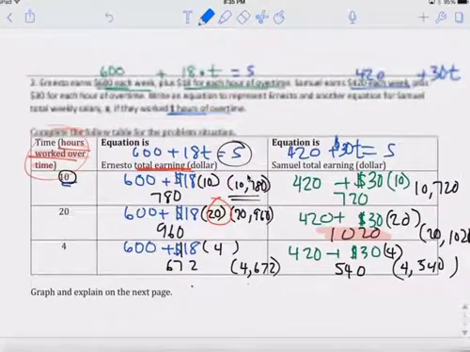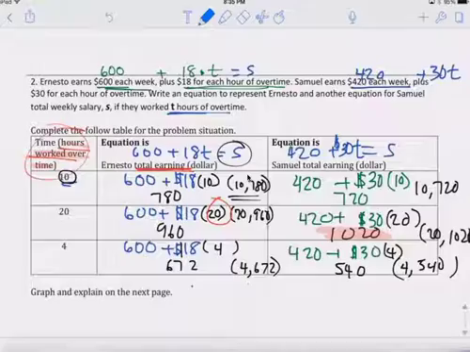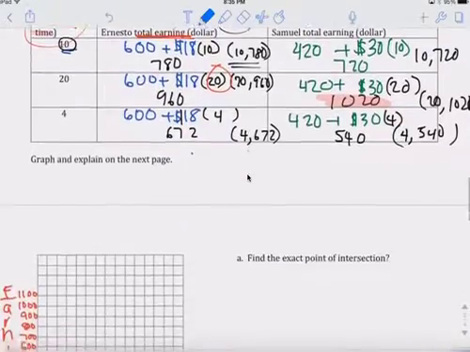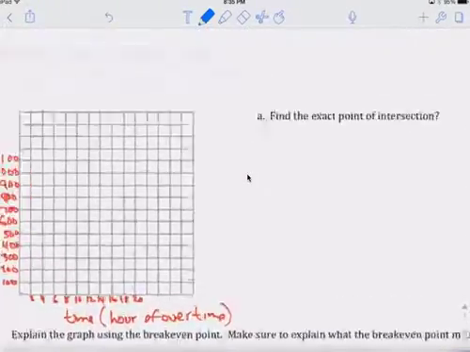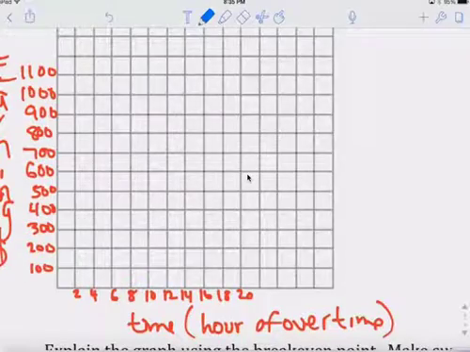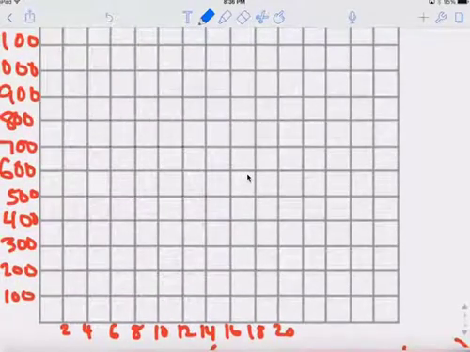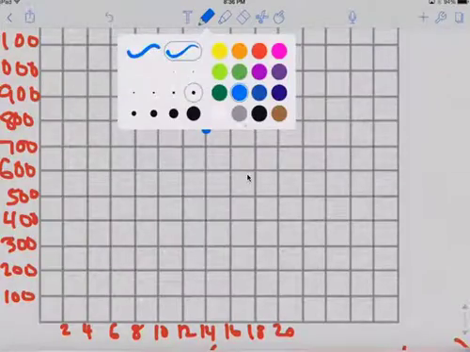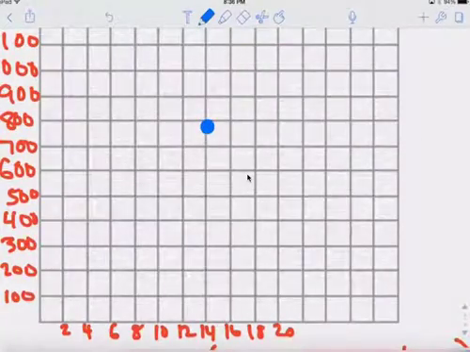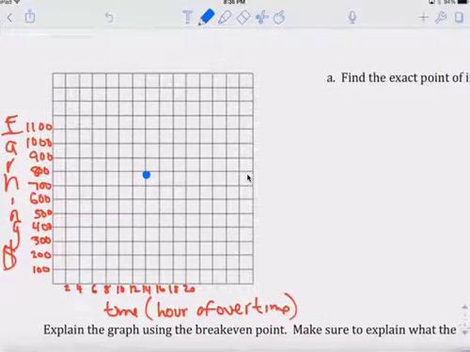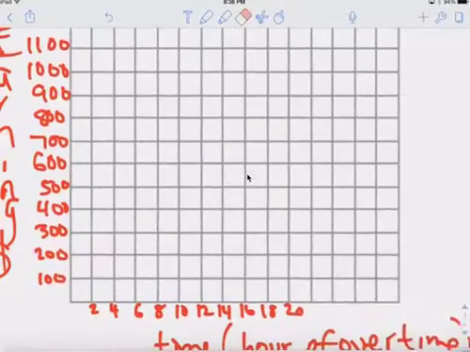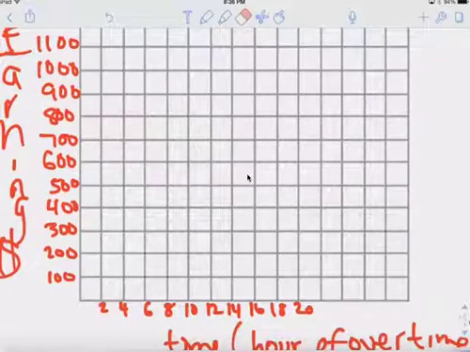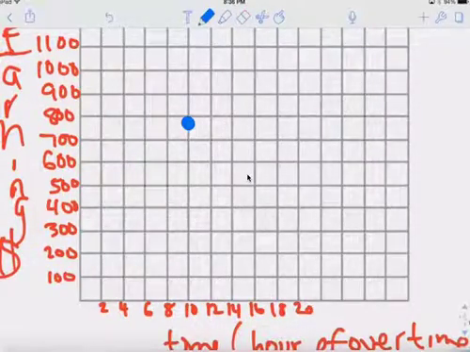Let's do Ernesto. 10 and 780. It's around right here. Oh, that's 14. Sorry. 10, 780, right here. Too big.